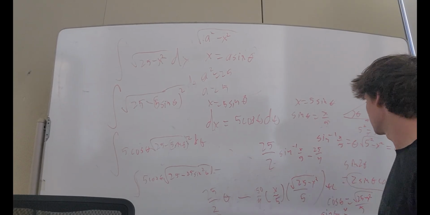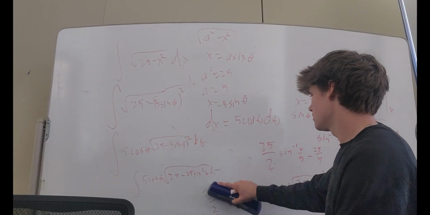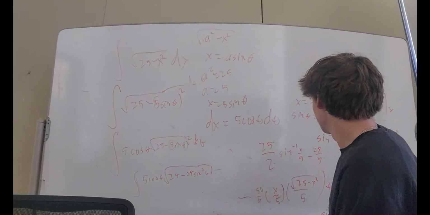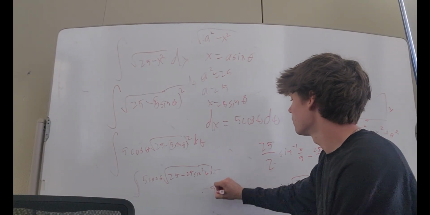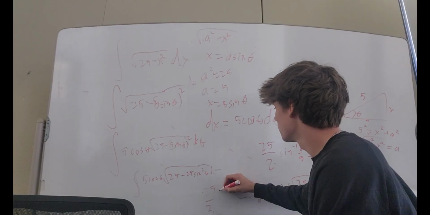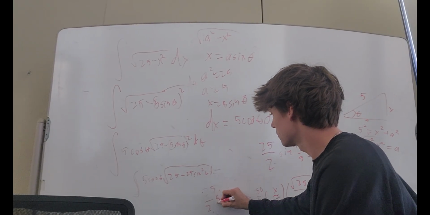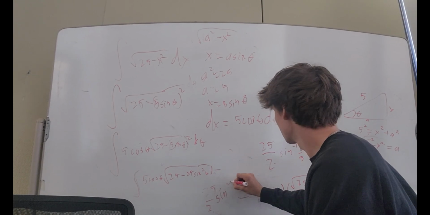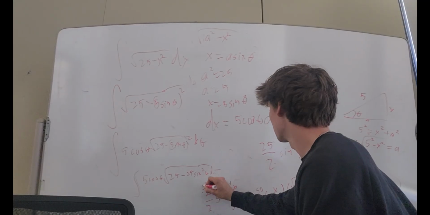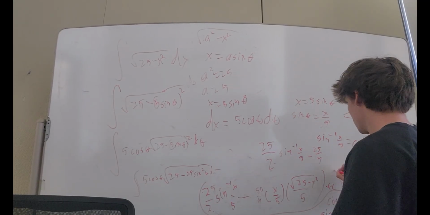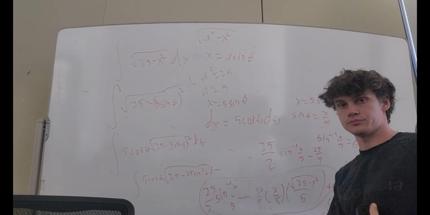Plus c, and I'm just going to write this theta here. So this 25 over 2, sine inverse x over 5, and that's the final answer in terms of x.